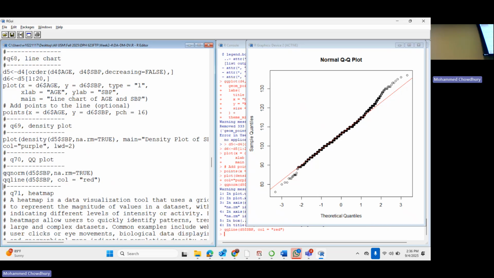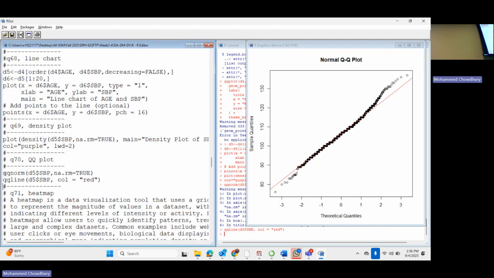So QQ norm and then QQ line. I want to see if they put one over the other. If there is a straight line, that means all the dots fall on the red line, then it is normal. Otherwise, it is not. Okay, that is the explanation. QQ plot means what? You have a sample quantile, and you are putting it over a theoretical quantile.